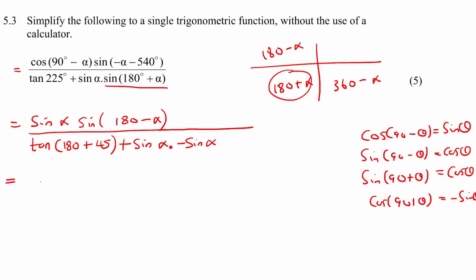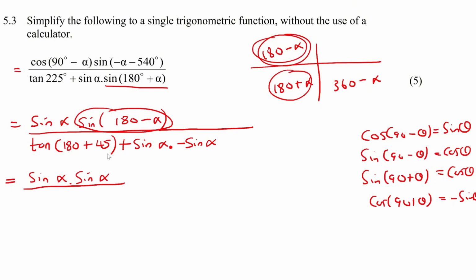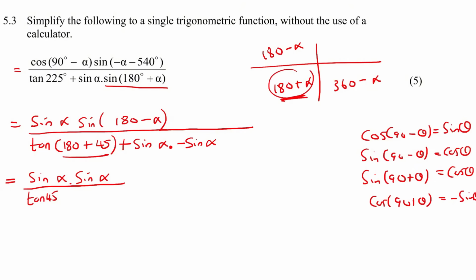Okay, now we go into the next step and we just simplify a little bit more. So this just becomes sin alpha because it's in the quadrant where sin is positive. 180 plus is already on the diagram, so that's perfect. So I'm just going to make it tan 45. And I can keep it positive because tan is positive in this quadrant.